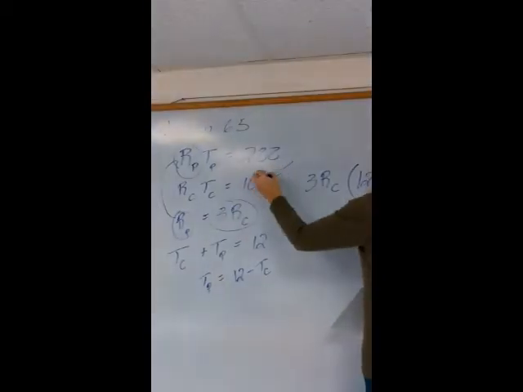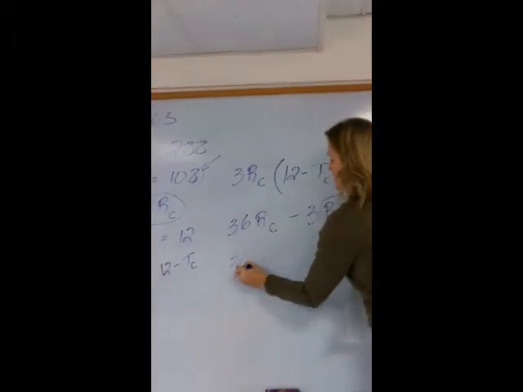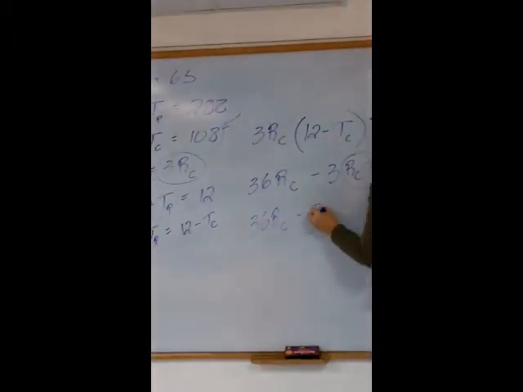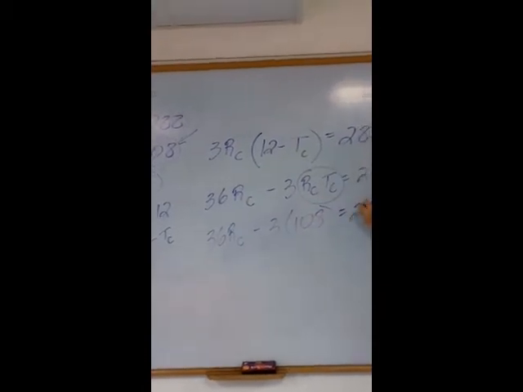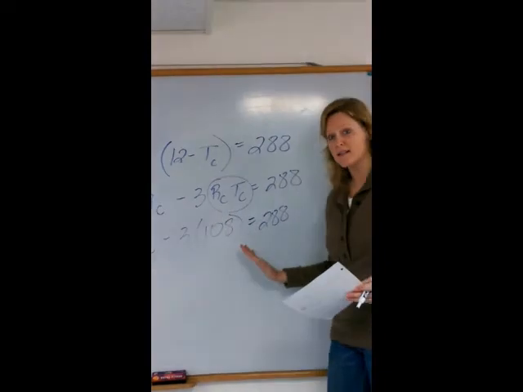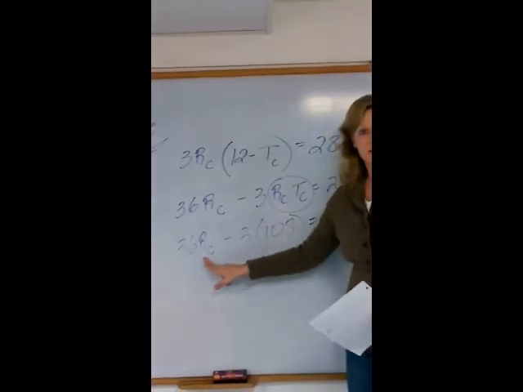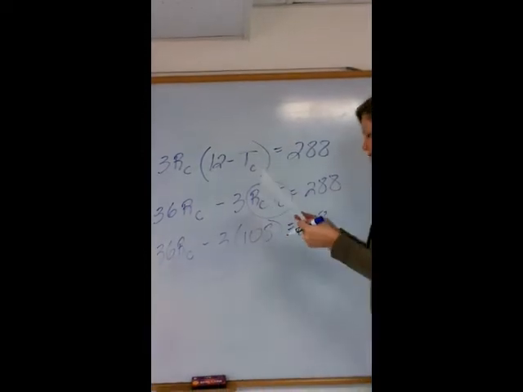That is 108. So I could substitute 108 where our missing letters are. And now I magically have one equation with one missing letter, and now I'm home free. I should be able to solve for my RC pretty easily.